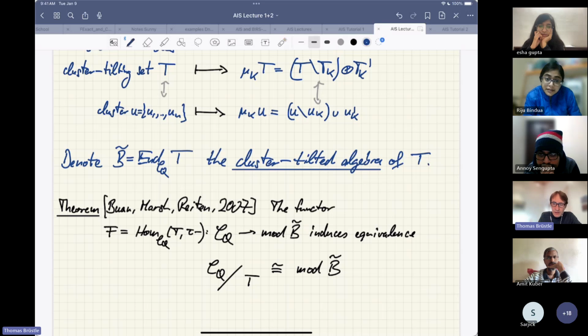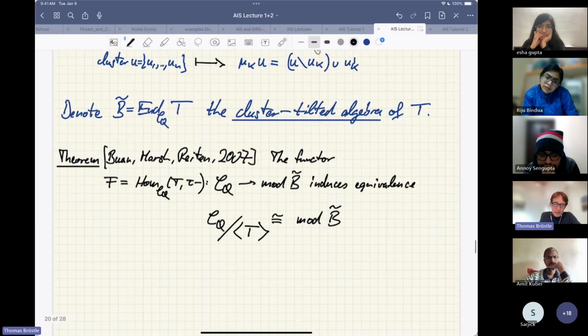I don't formally factor out just one object. I factor out the additive category generated by this object. So I take all direct summands of this one. Formally, what is a quotient of a category? I need an ideal.